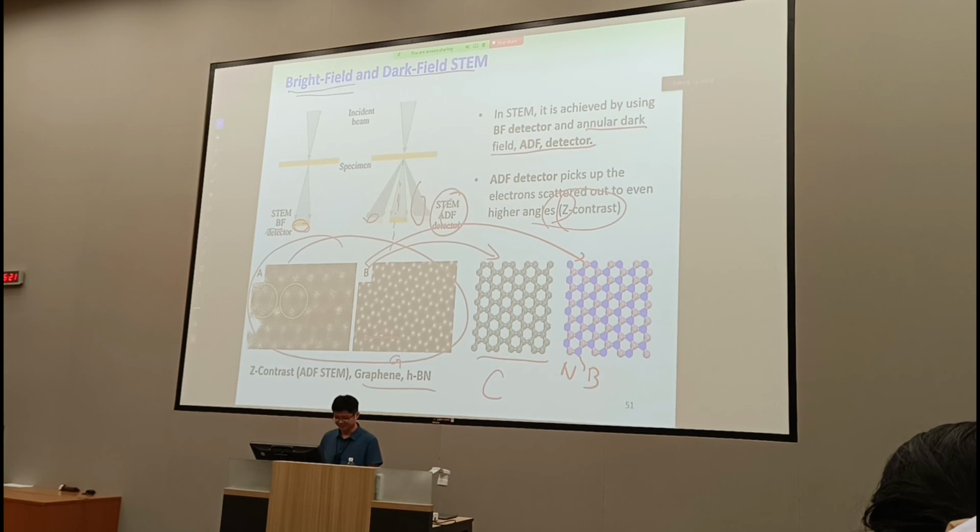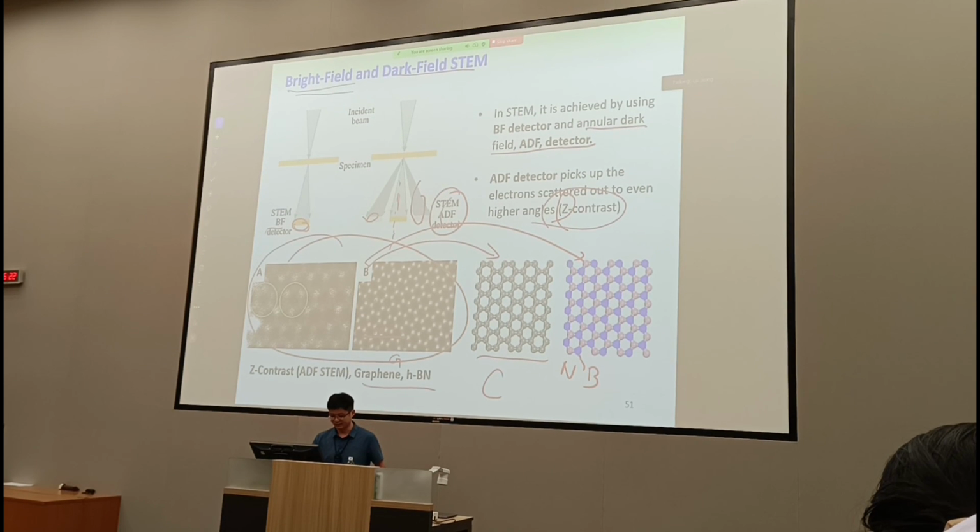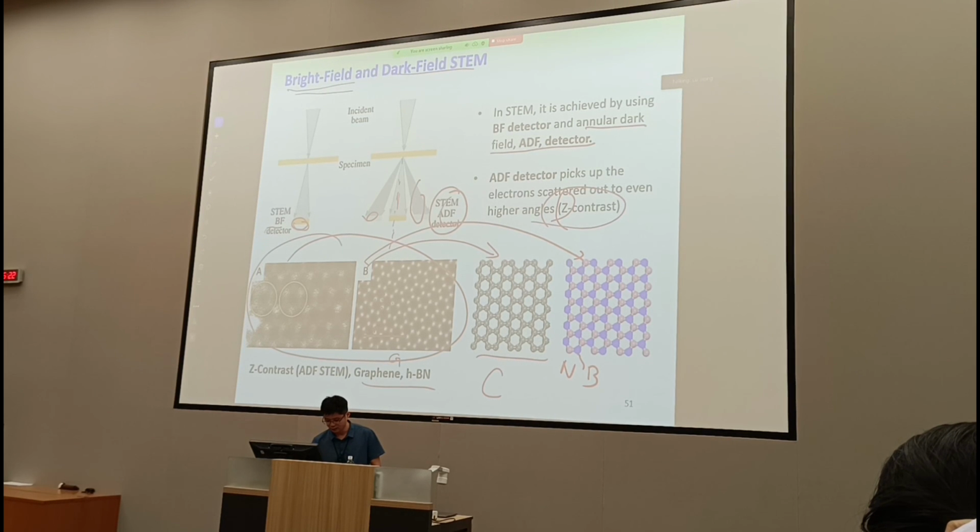I think there's some difference. You can see the contrast, right? In B, all these individual sites, the intensity is the same. It looks similar here. How about this hexagon?